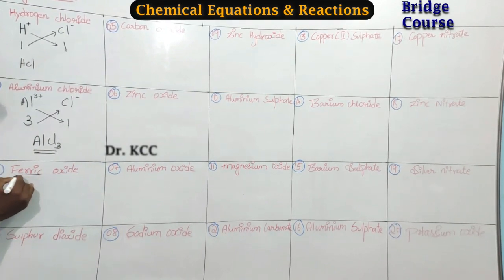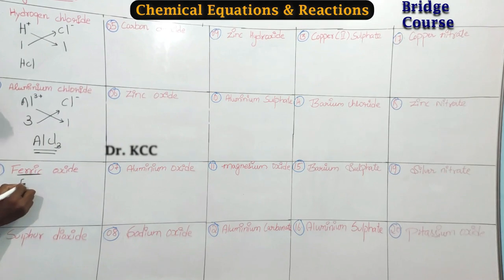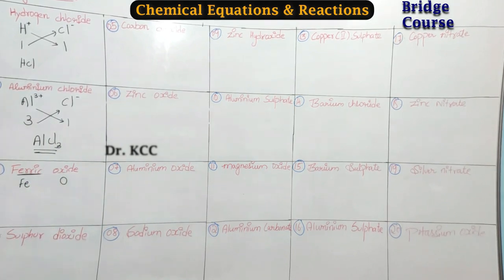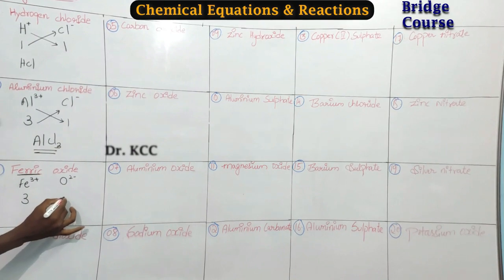Next one, try yourself. Ferric oxide. Be very careful, this is ferric oxide, not ferrous oxide. First write the symbol Fe. Oxygen is O. So how many ions? Ferric means 3, that is Fe3 plus. Oxygen is O2 minus, which means 2.